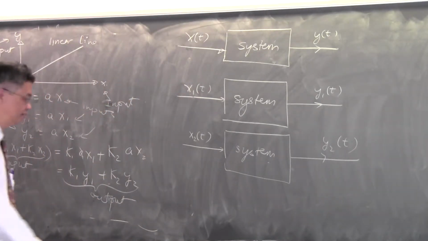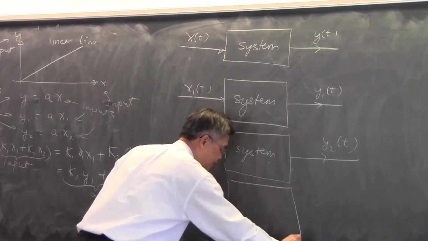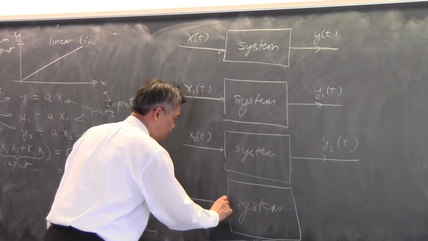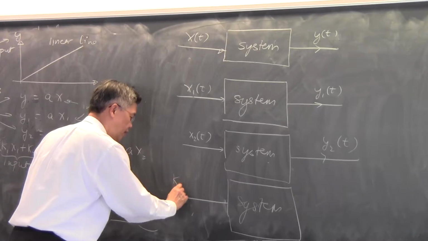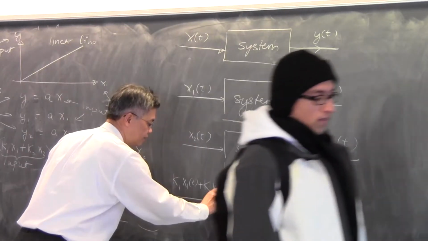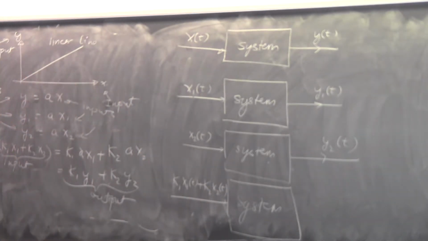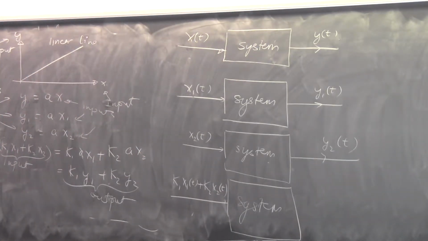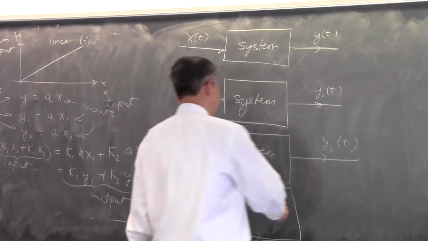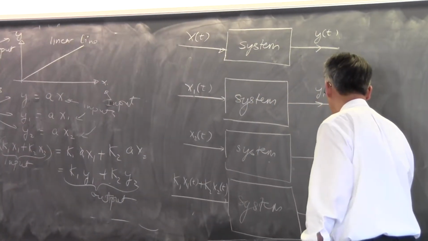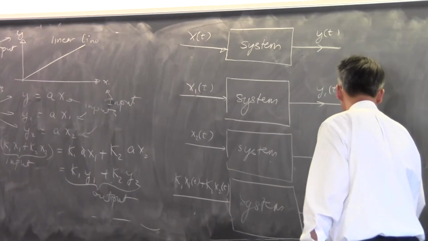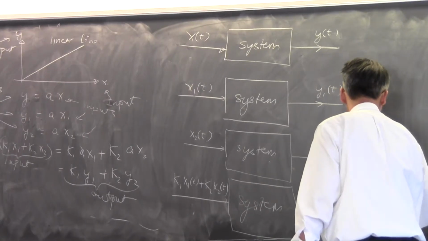A linear system is defined to be one for which, if I feed in k1 x1 of t plus k2 x2 of t, a linear superposition of the previous two inputs, then the output is also a linear superposition of the previous outputs.